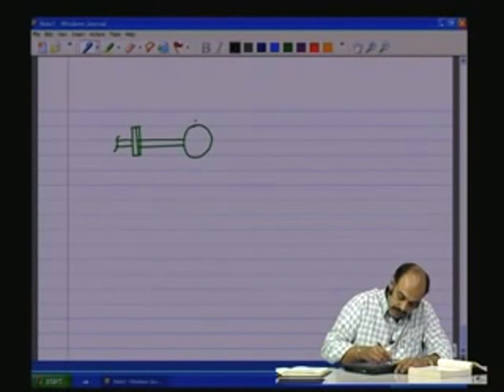There are the brushes, and these brushes are connected to the external circuit, but in the meantime there are two non-idealities that we need to include.